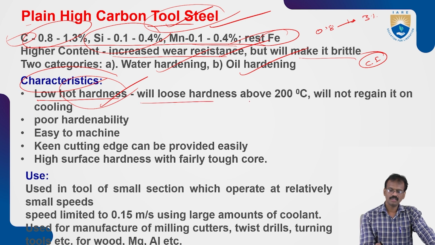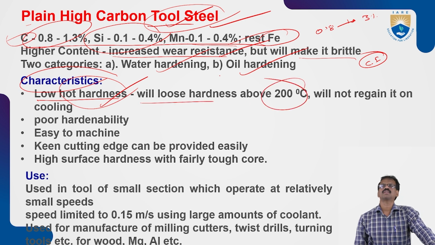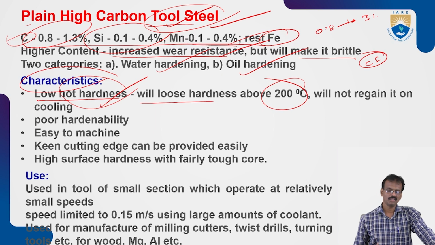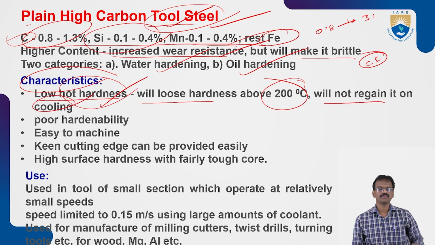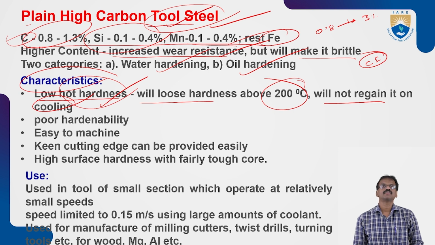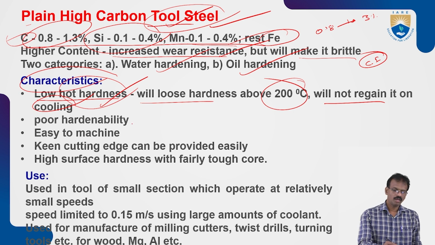We lose the hardness above 200 degrees, because if the temperature increases, the hardness of this tool will be reduced. So above 200 degrees, the hardness will be reduced and will not be regained on cooling. That is the main drawback of this cutting tool material. Also, poor hardenability.